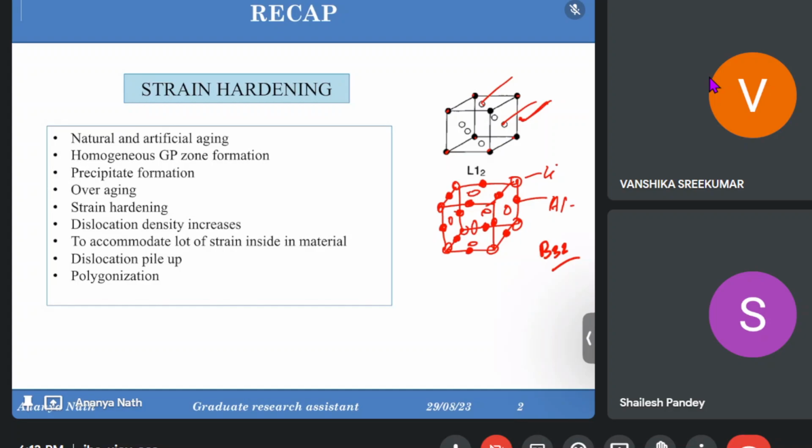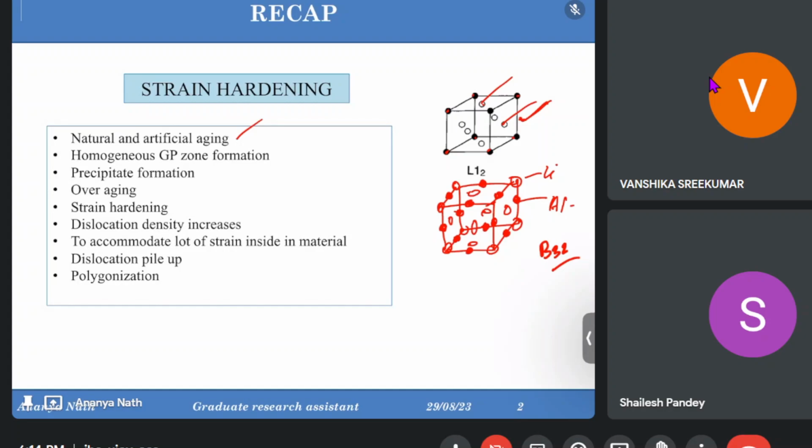Apart from that, for the strengthening, the topics were natural aging and artificial aging. If we do it at room temperature, it is called natural aging. Otherwise, at elevated temperature, it is called artificial aging. In artificial aging, the yield point comes sooner than in natural aging. In natural aging, it takes a longer time to get the maximum or high strength.